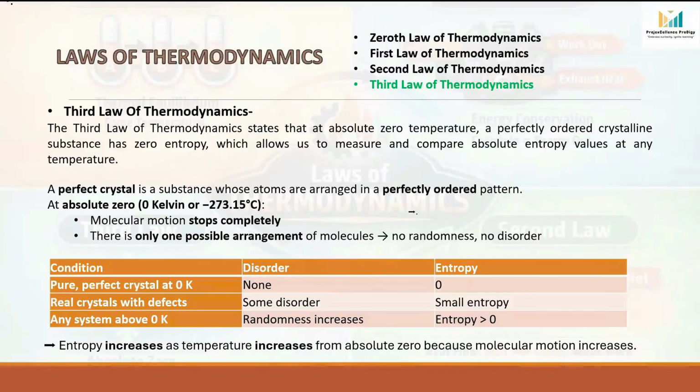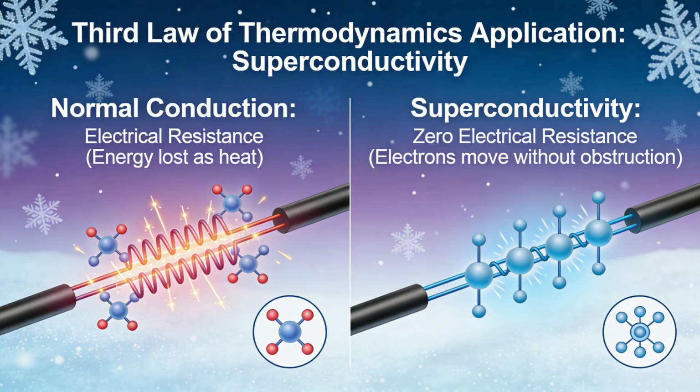Another interesting application of this law is superconductivity. At extremely low temperatures, some materials behave in a very unusual way. They lose their electrical resistance completely. Normally, when electricity flows through a wire, some energy is always lost as heat because electrons collide with atoms inside the material.